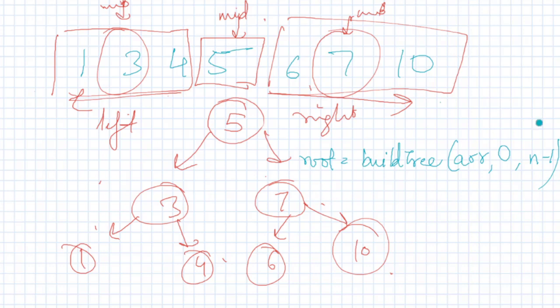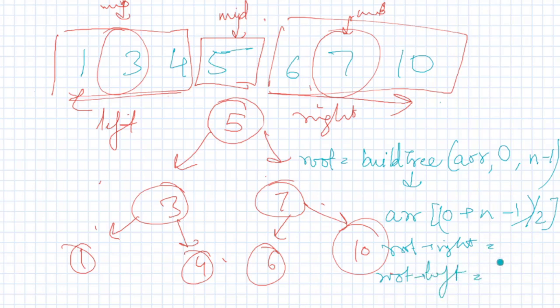In this buildTree, we are just going to extract the (0 + n - 1) / 2 index. This is going to be our root, with root's right and root's left.